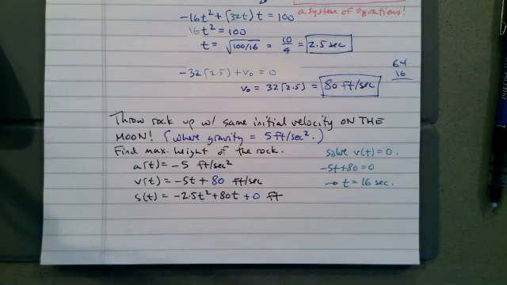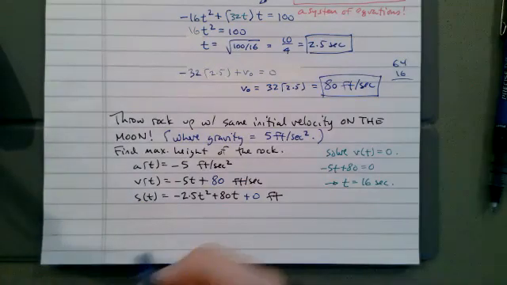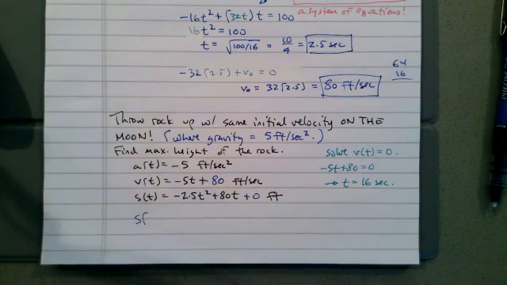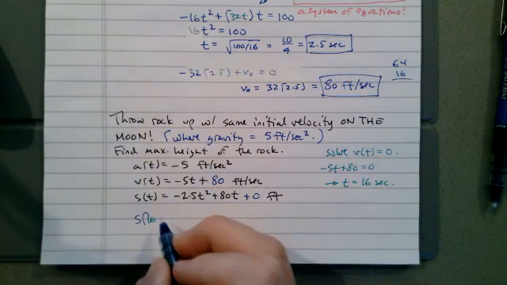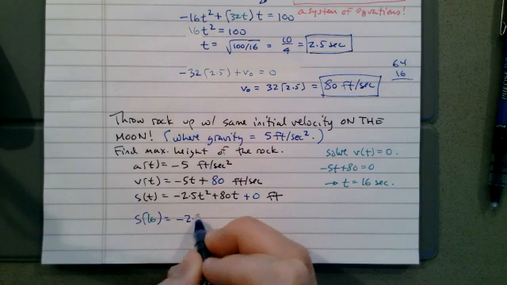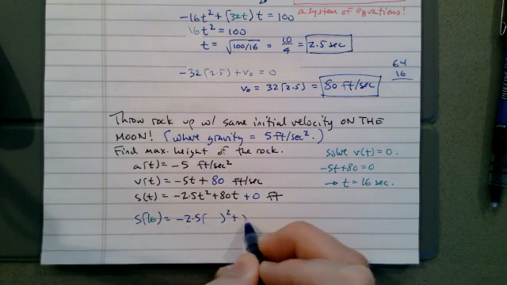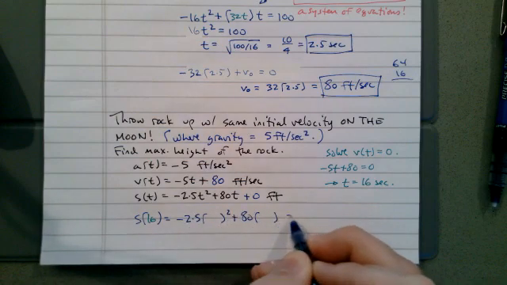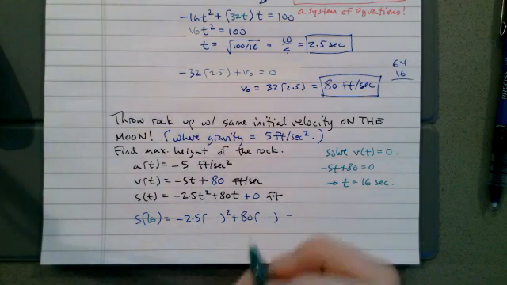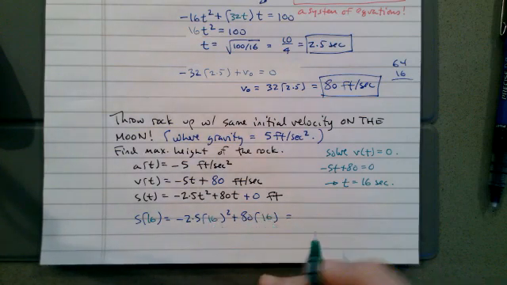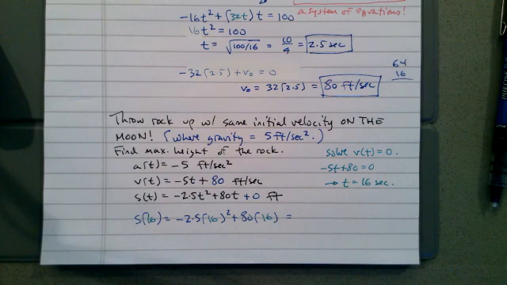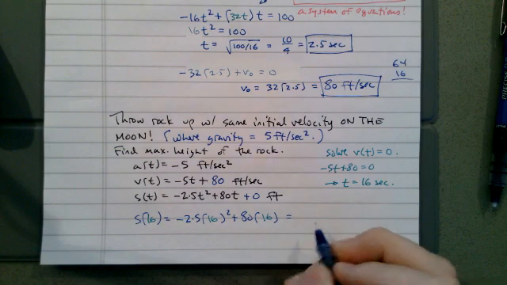Now we can plug the 16 seconds into our height function. And we've gone past the point where I want to do this by hand. I was all about doing this by hand for a little while, but now I just, no. 640.